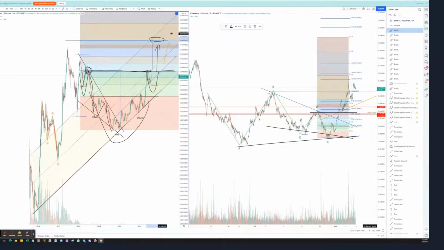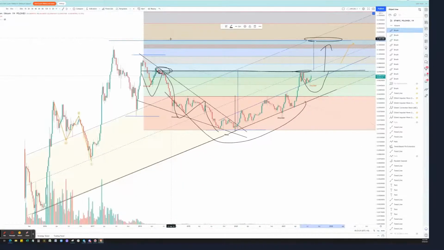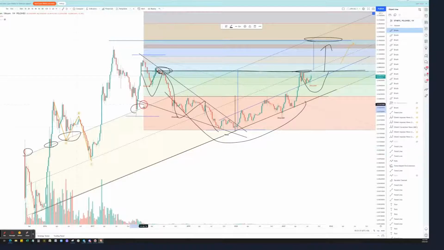And then I thought I better look at it from a different perspective and put a channel there. And sure enough, that was acting as resistance, support, support, initial start, a bit of support on the way down. So this line and this channel is perfect.